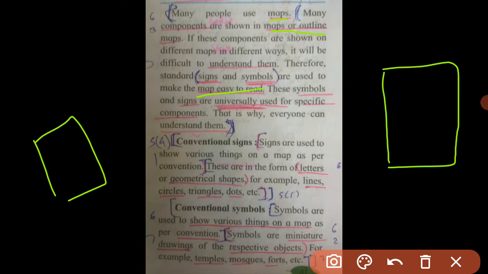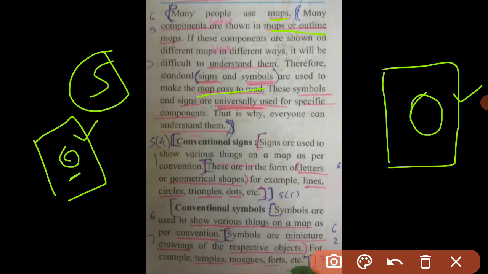Suppose I draw one map here and another map here, but if I write different things in each, it is difficult to identify the things. That's why, to make the map standard, they use signs and symbols, to make the map easy for reading and understanding.